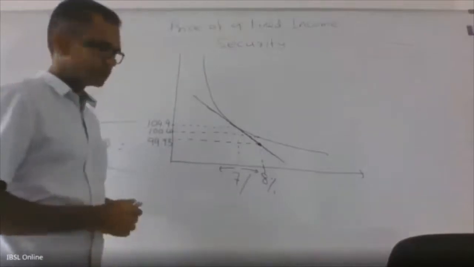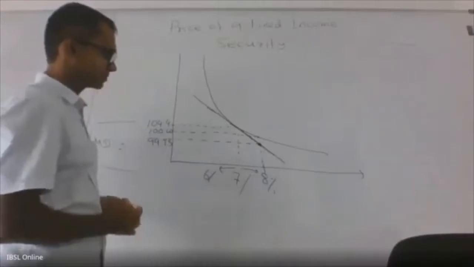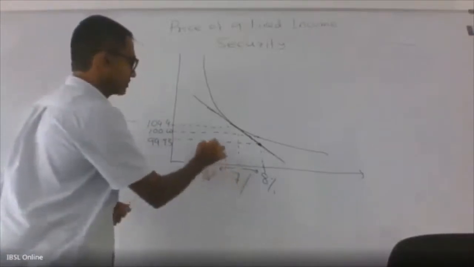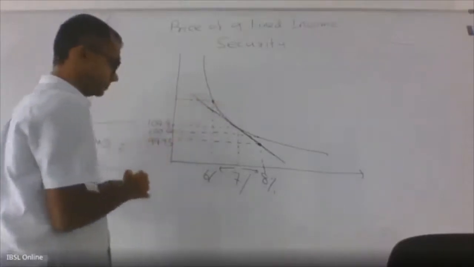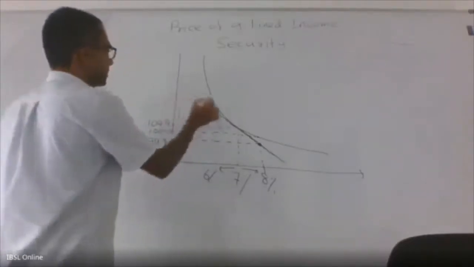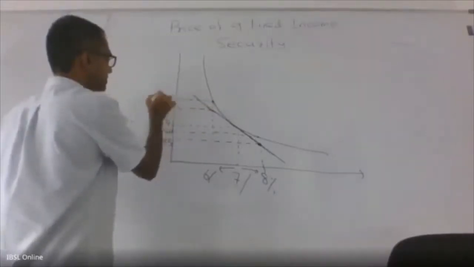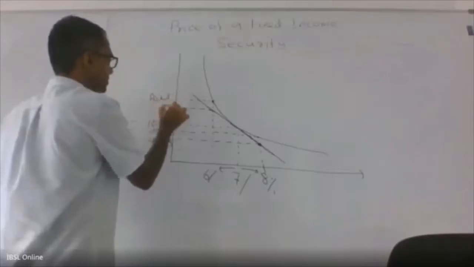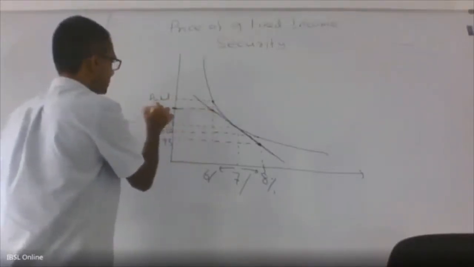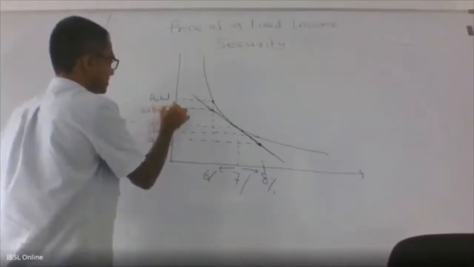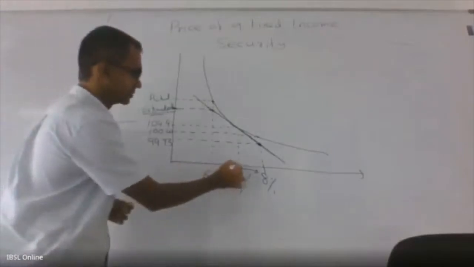But the reverse is true when we go the other way around. From 7% to 6%, again, this is the actual price, and this is the estimated price using the duration at this point.